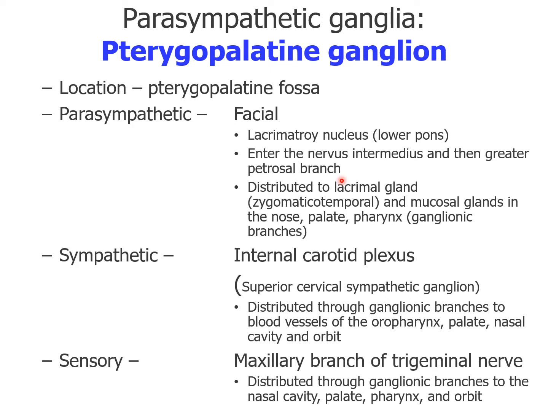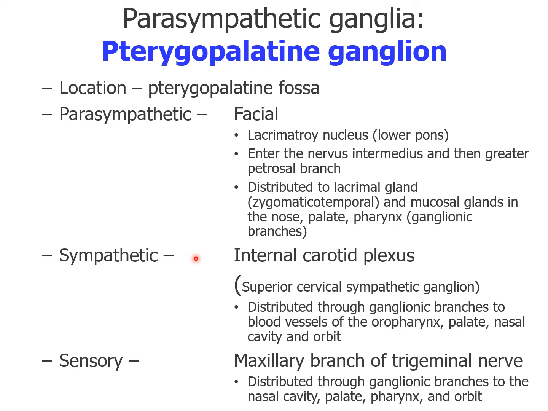The greater superficial petrosal joins with the deep petrosal branch from the sympathetic plexus to form the nerve of the pterygoid canal, which enters the posterior aspect of the pterygopalatine fossa to allow the parasympathetic fibers to synapse in the pterygopalatine ganglion.